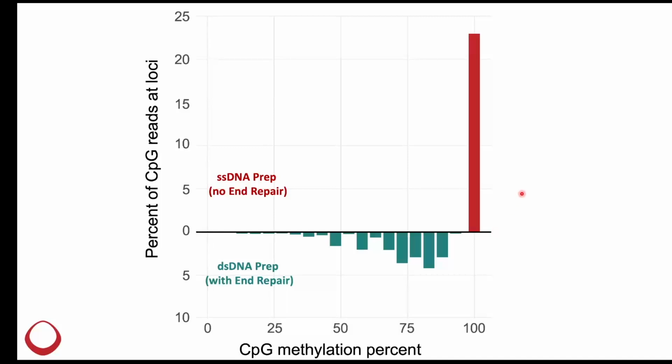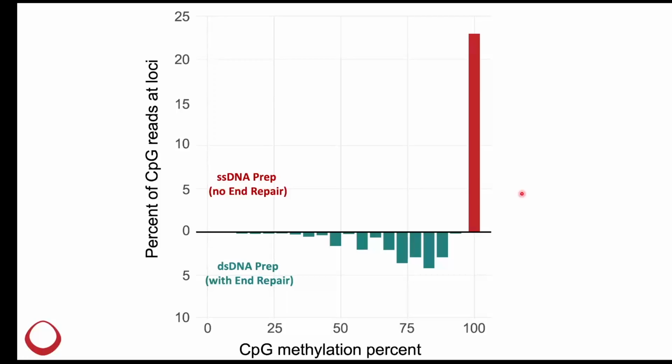Cell-free DNA is a little bit different because the DNA fragments are coming from all sorts of different cells. So the CpG at the loci, per fragment, is going to either be methylated or not. But at the loci in the genome, you have many different reads covering that, so it can be partially methylated.